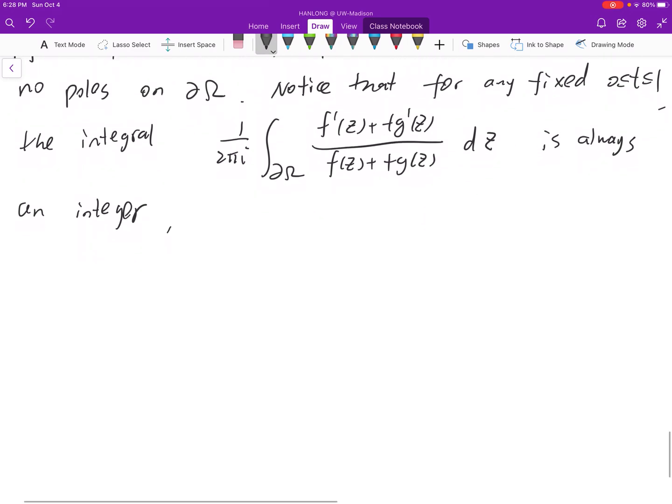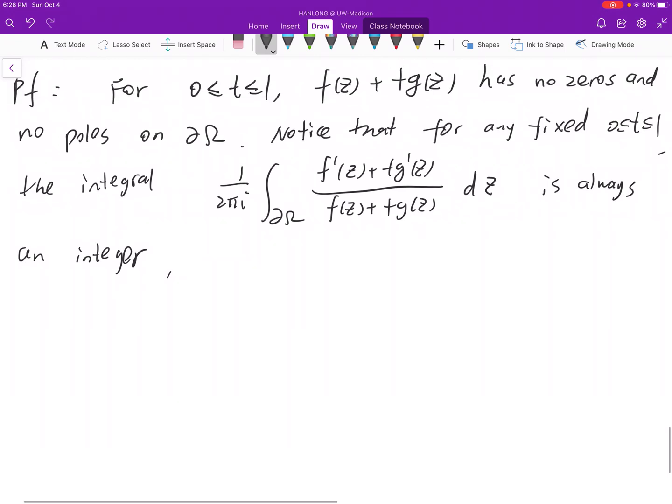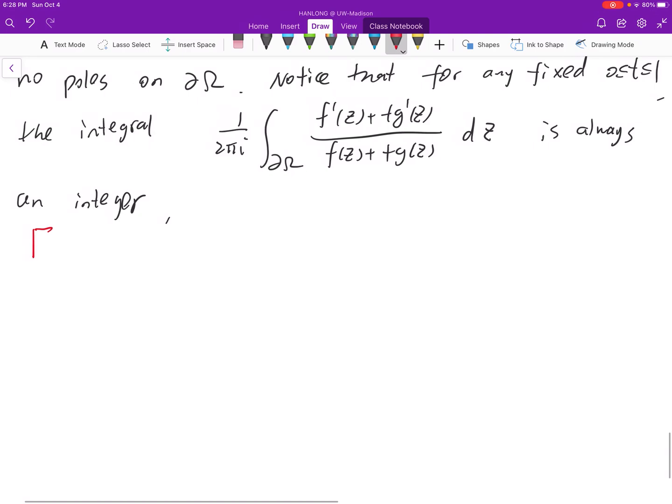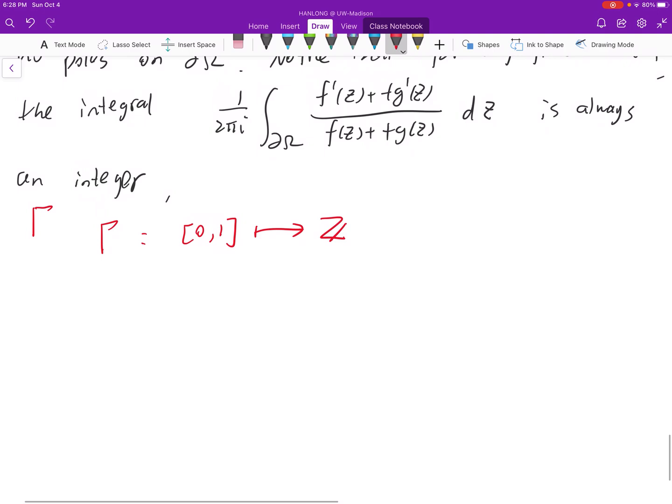Okay, and now what do you have? Let's look at the map gamma from [0,1] to the integers, where t maps to the integral.